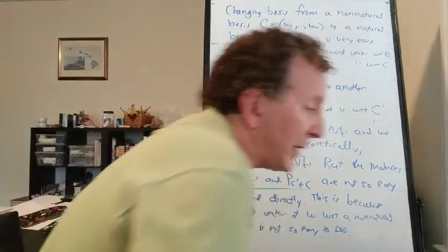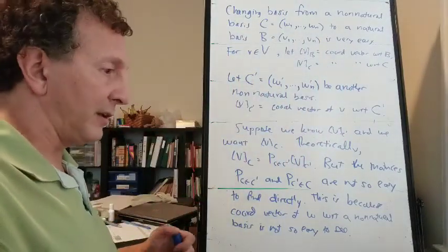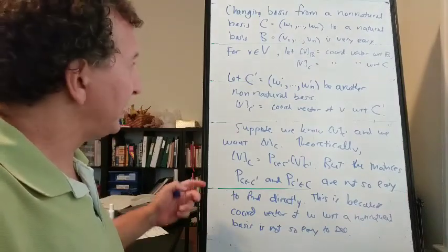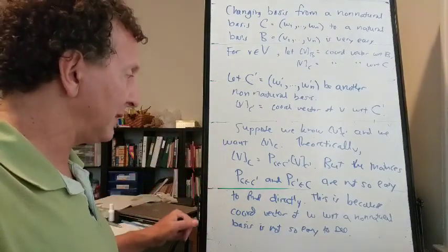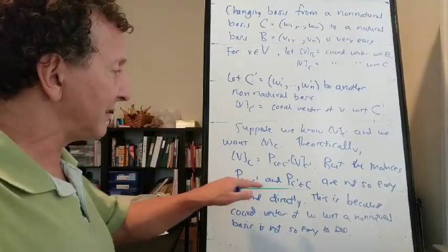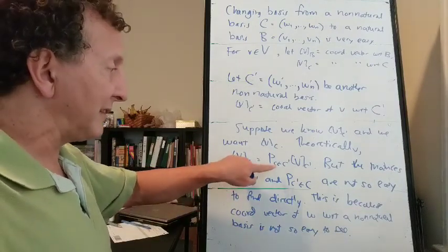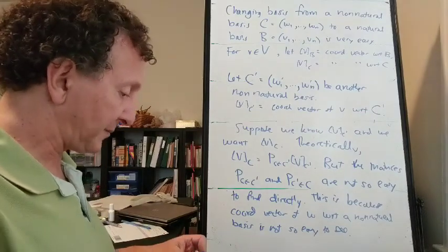The last formula we had involved a transition matrix, a change of basis matrix, whose columns were coordinate vectors of different vectors of a difficult basis with respect to a natural basis. But if neither one of these is natural, then this matrix and its inverse are simply just not going to be so easy to find directly.